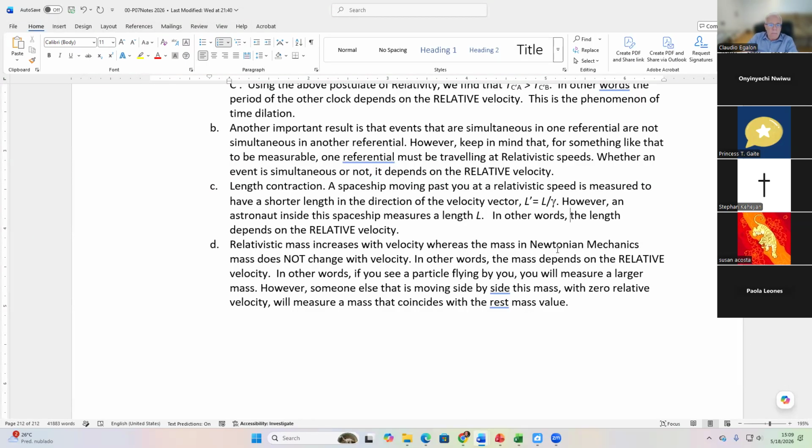The length of anything measured in another referential depends on the relative velocity of the referentials.